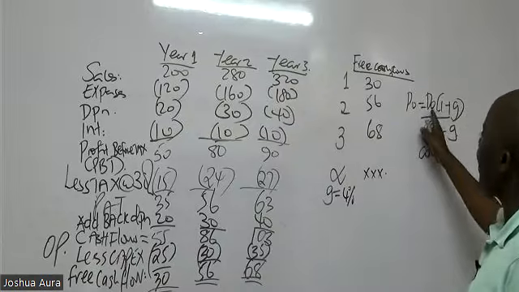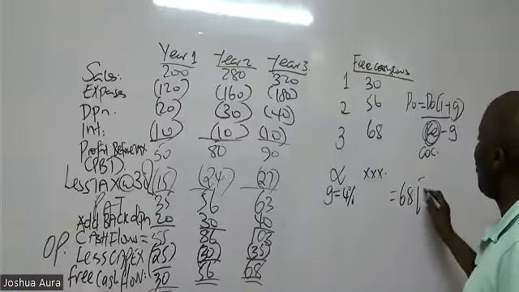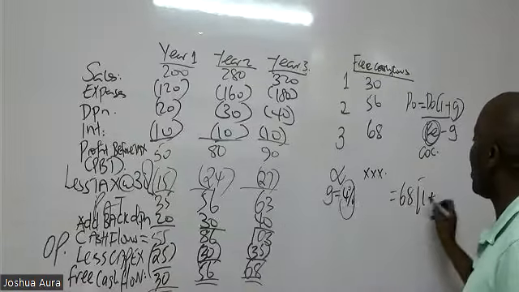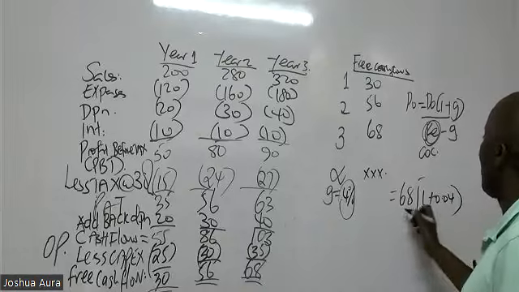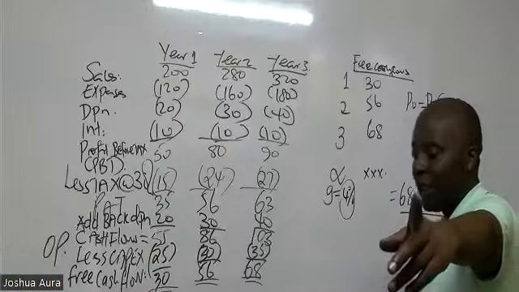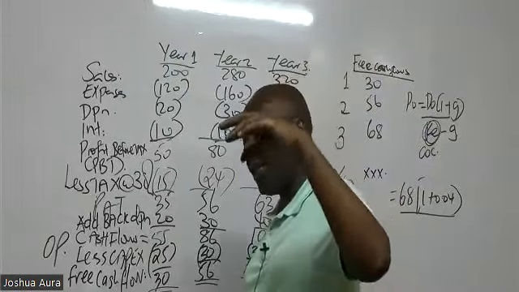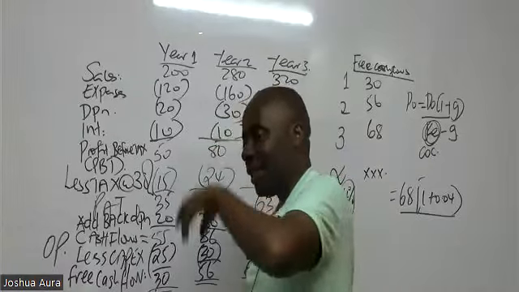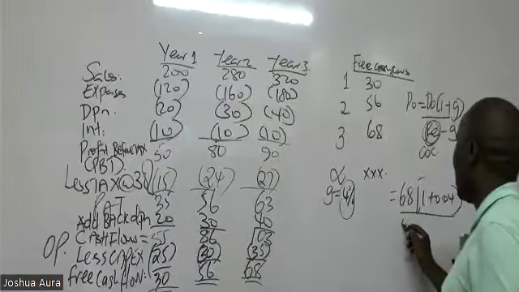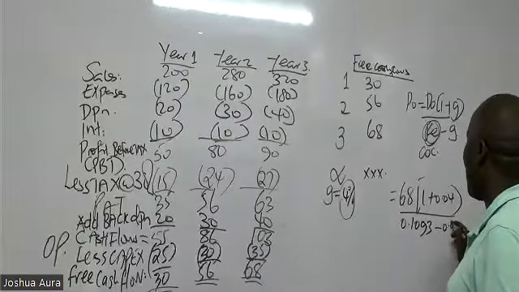So the most current dividend is 68. 1 plus the perpetual growth rate is 0.04, all over the WACC. You guys did give me the WACC; if my memory serves me well, it was coming to 0.1093, minus the growth rate again, which is 0.04.